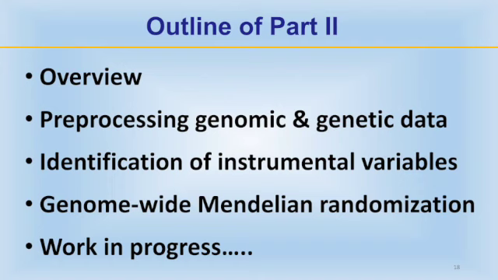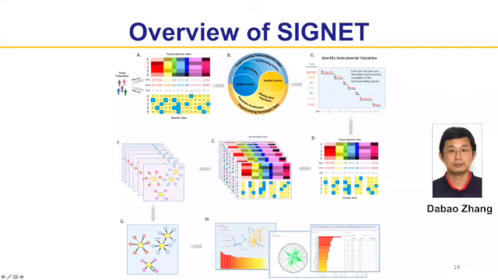This project is led by my collaborator, Dr. Zhang, and this picture shows the overview of the SIGNET package. From the upper left corner, the package takes two types of omics data.